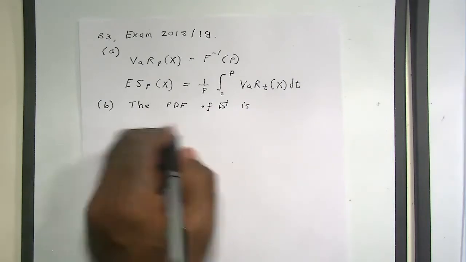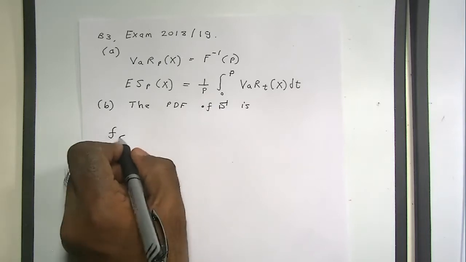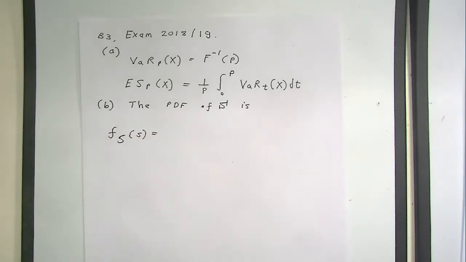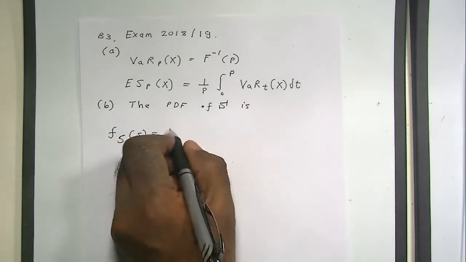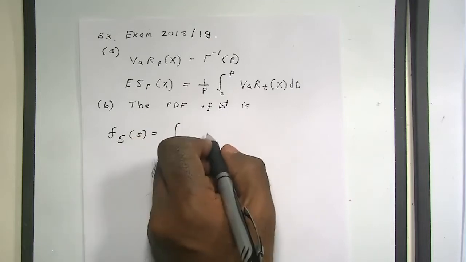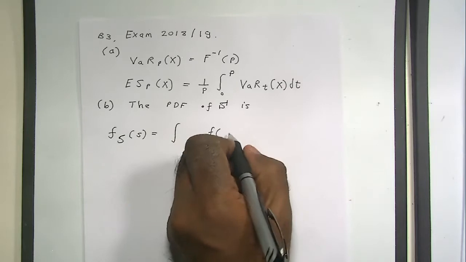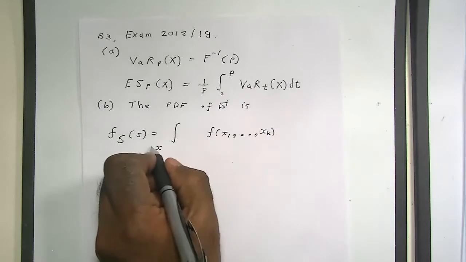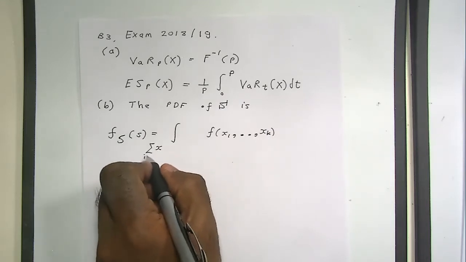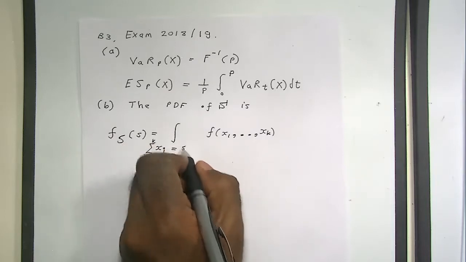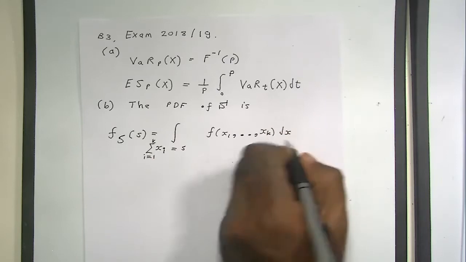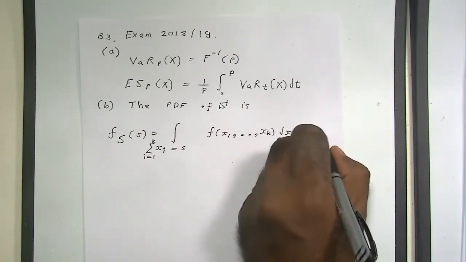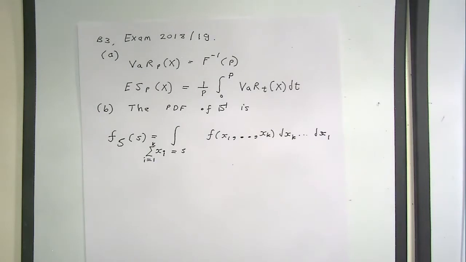I'm using different notation sometimes, but to remember, to find the PDF of the total portfolio loss, you have to integrate the joint density, which is f, over the region that the sum of xi is equal to s, integrating dx_k up to dx_1.